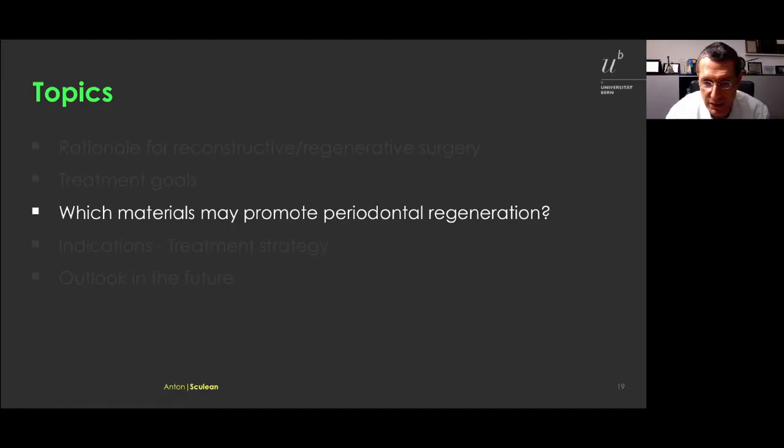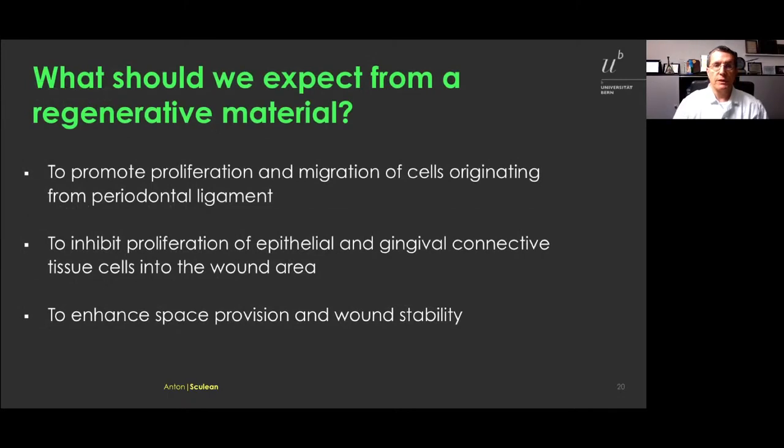Which material may promote periodontal regeneration? What should I expect as a clinician from a material that I use in my patient?